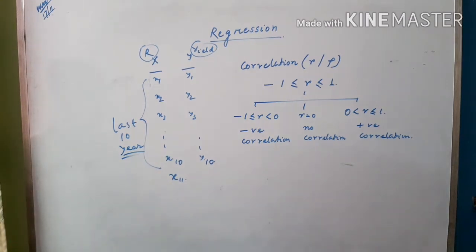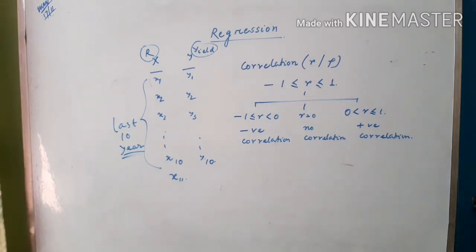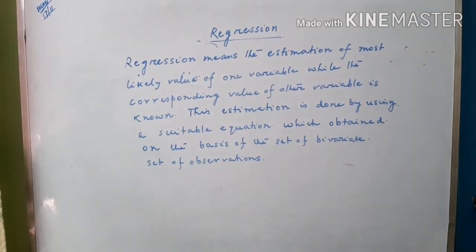So, let us write the definition of regression. Regression means the estimation of most likely value of one variable while the corresponding value of other variable is known.